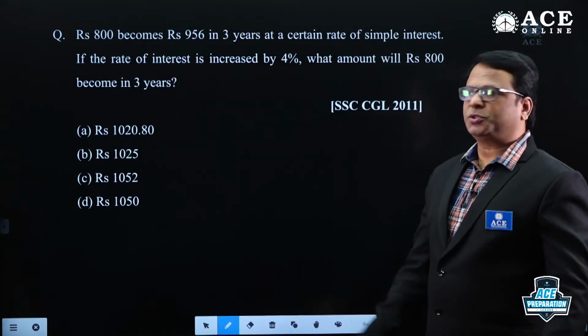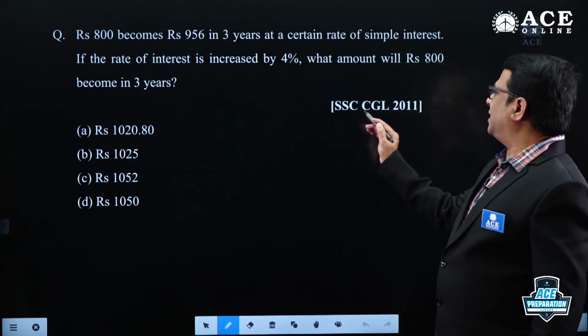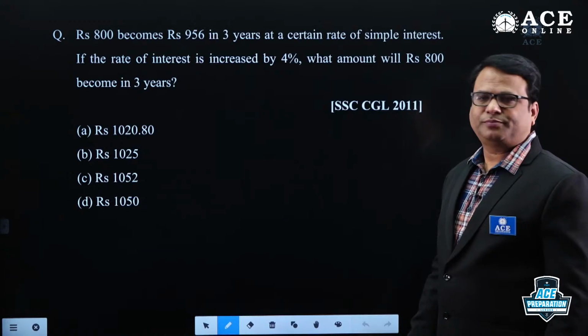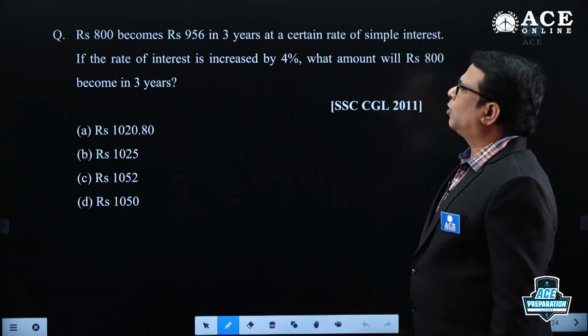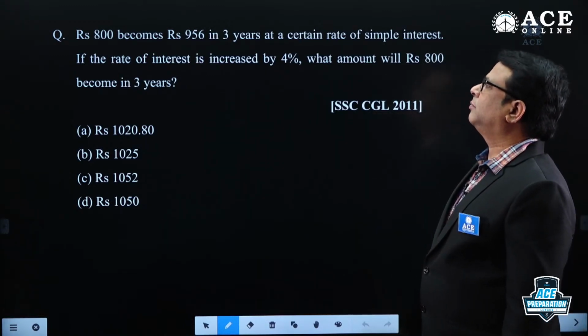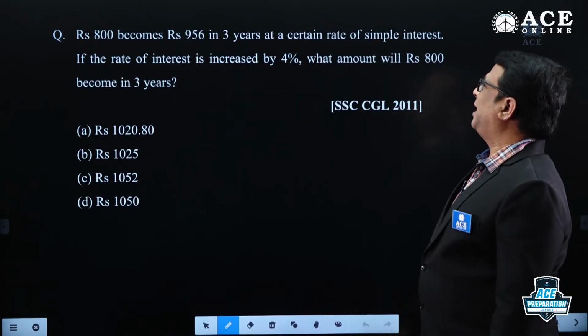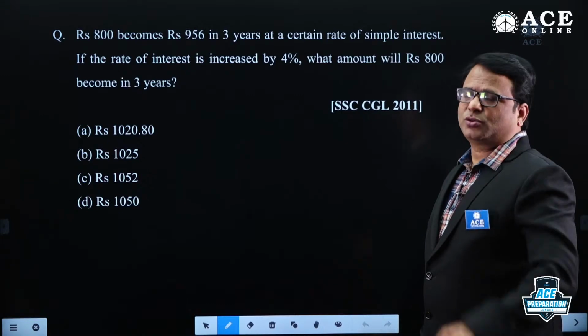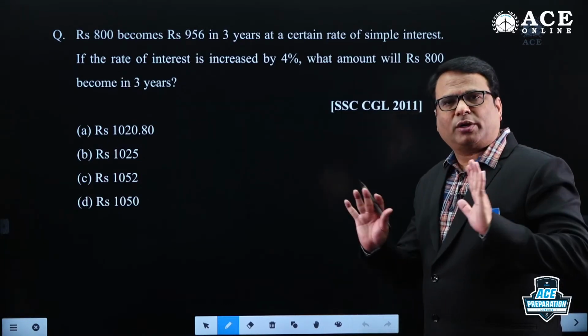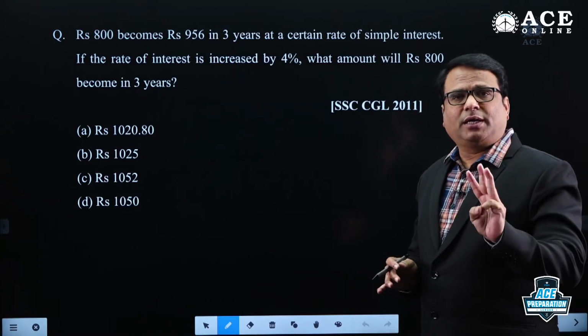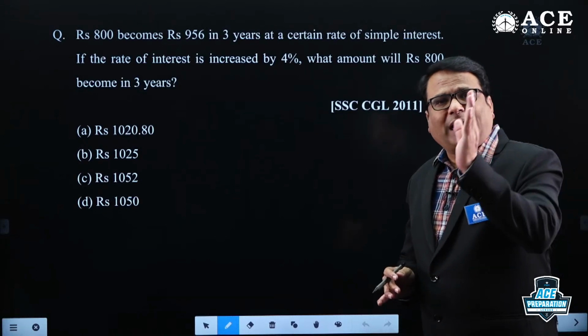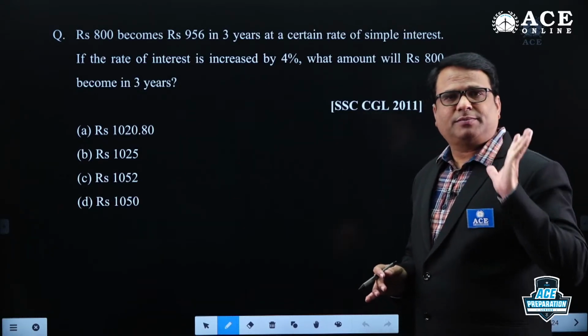This is our first question in simple interest, given in SSC CGL 2011. Rupees 800 becomes rupees 956 in 3 years at a certain rate of interest. So what is the rate of interest? It is not given. But in 3 years, 800 will become 956 rupees.